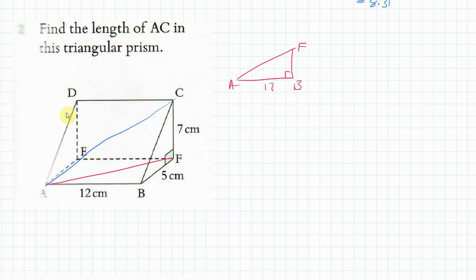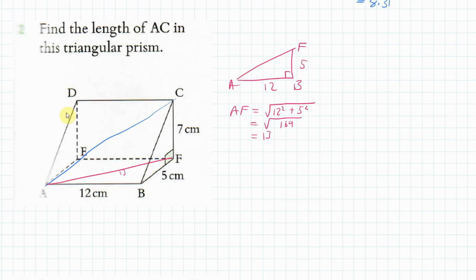I know that this is 12, and I know that BF is 5, and so therefore AF is equal to the square root of 12 squared plus 5 squared, which is equal to the square root of 144 plus 25, which is, I think that's 169, isn't it? And the square root of 169 is 13. So I know that that's 13.